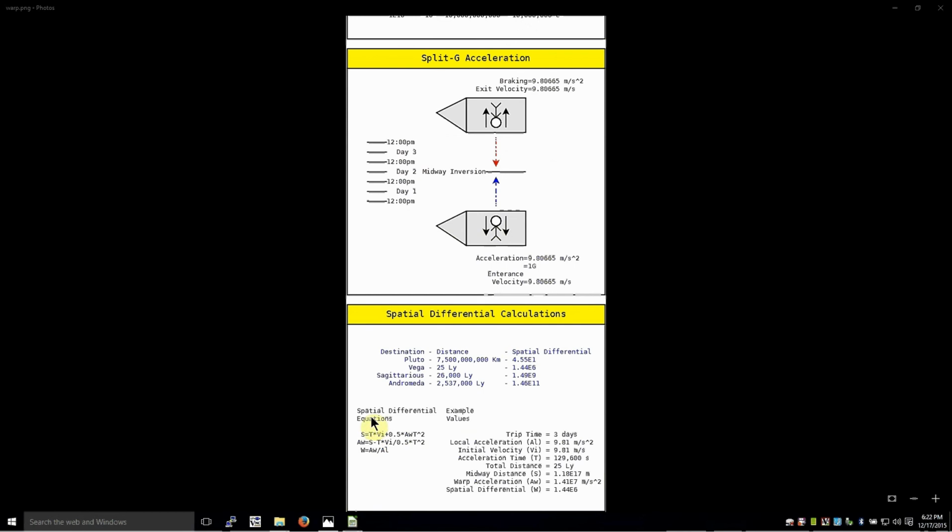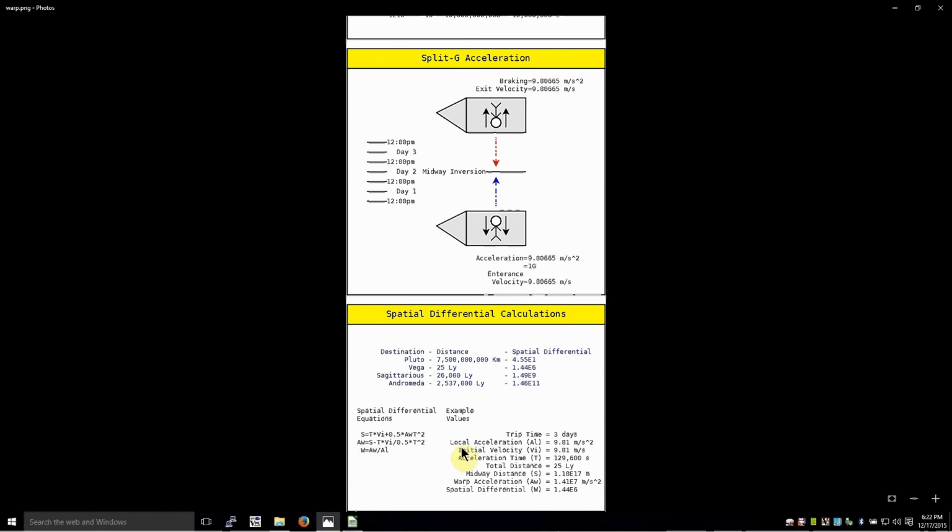I take the normal formula for calculating distance traveled with acceleration, time, and initial velocity, and I reworked it so that you can tell what the acceleration has to be, given those values, and in this example, our acceleration is here. Alright, so then we have to calculate what our spatial differential is, which is here.